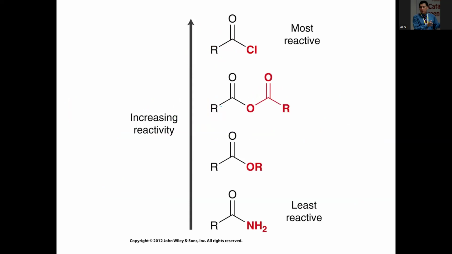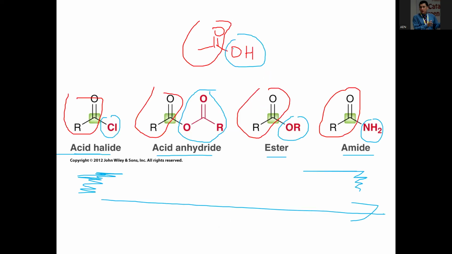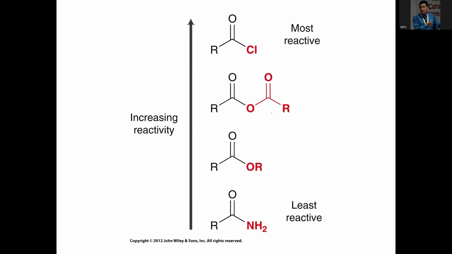The most reactive is acid halide, right? So this one, acid halide. Now, how do I make an anhydride? The anhydride can be made from carboxylic acid. Well, they can all be made from carboxylic acid, but anhydrides can also be made from acid halides.